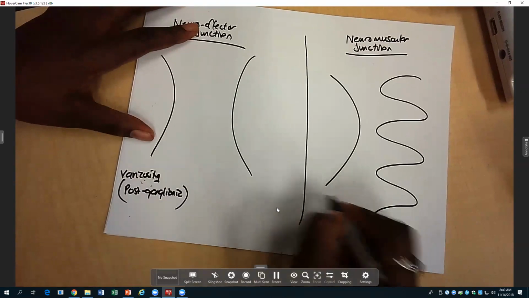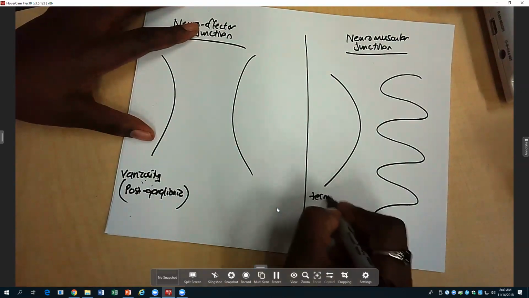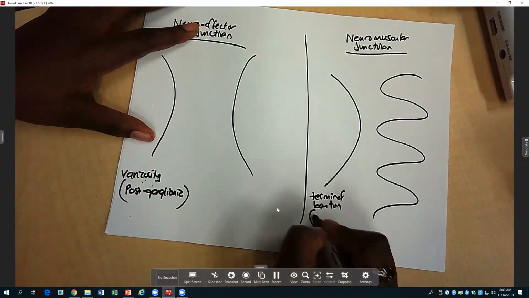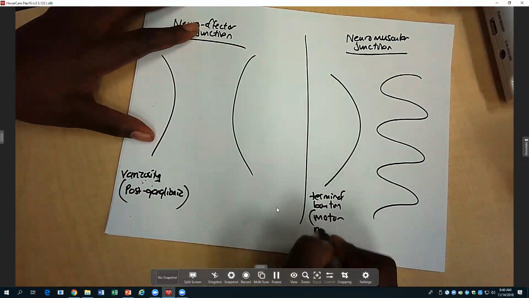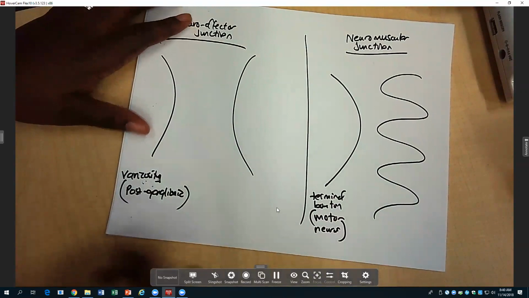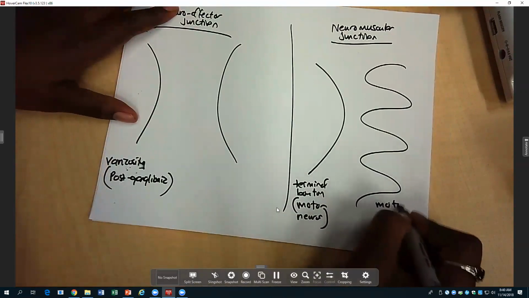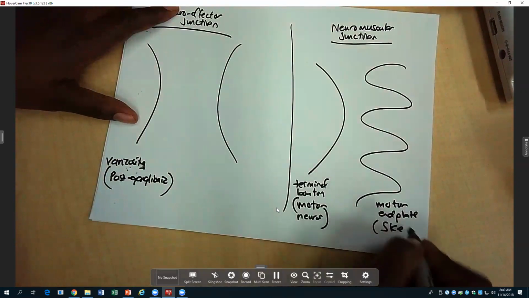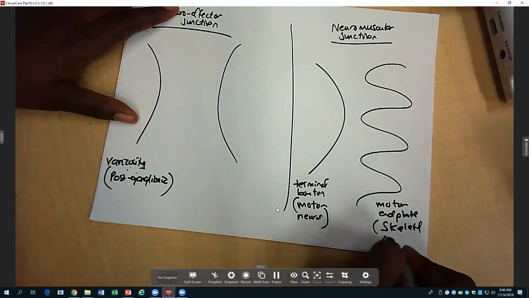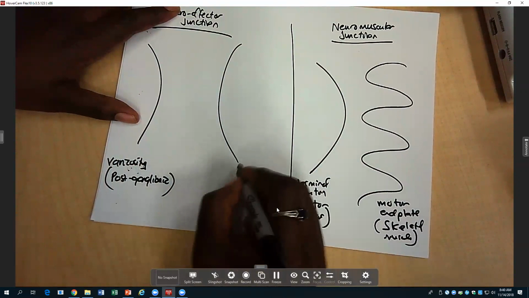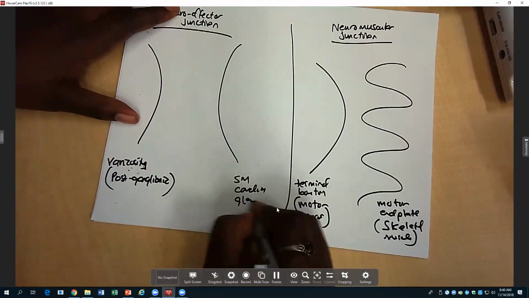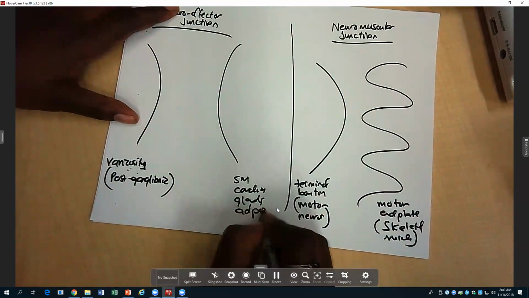And this is our terminal bouton of our motor neuron. This is our motor end plate of skeletal muscle. And this is our smooth muscle, cardiac muscle, glands, adipose.